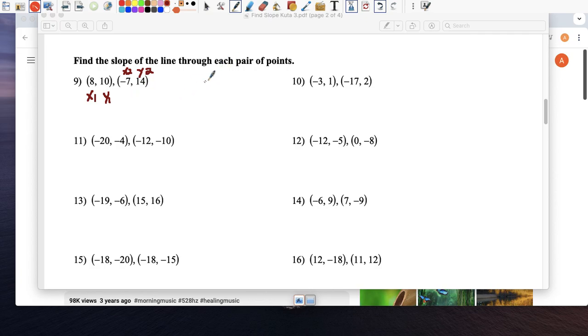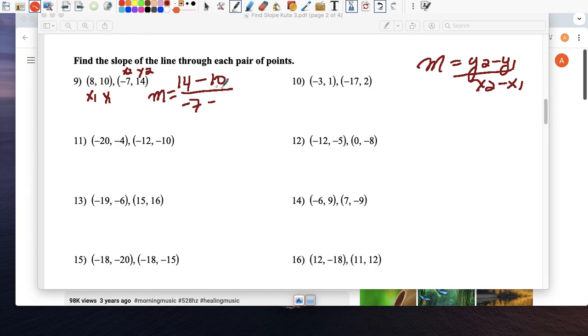Slope, y2 minus y1 over x2 minus x1. Y2 is 14, y1 is 10, x2 is -7 minus x1, which is 8. So we get 14 minus 10 is 4, 4 over -15. So that's the slope for number 9.